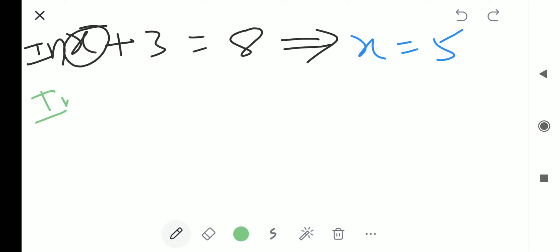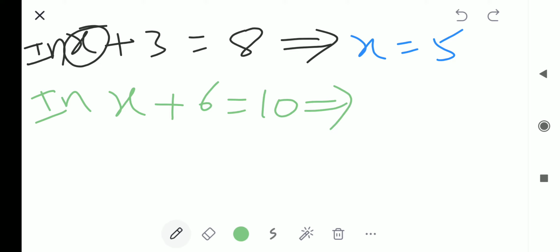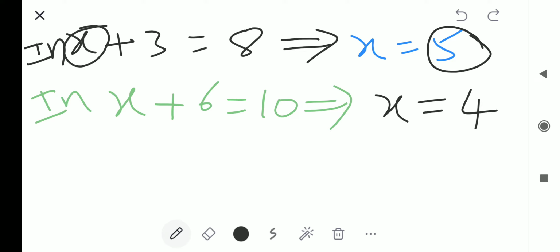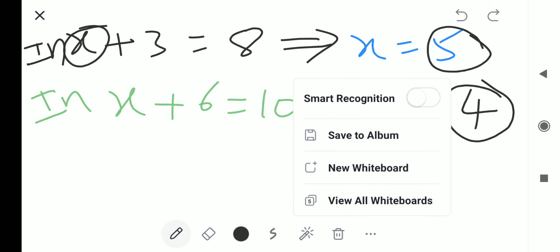For example, in x plus 6 is equal to 10, the value of x will be 4. So here x value is 5, here x value is 4. That means x is a letter which has no fixed value. That's why they are called variables.